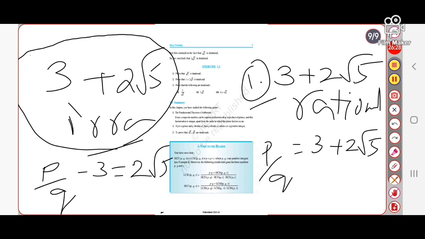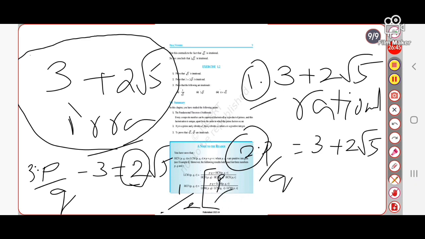This is our first step, second step, third step, right? p by q minus 3 is equal to 2 root 5. This 2 can be brought to the other side, so it is 1 by 2 into p by q minus 3.